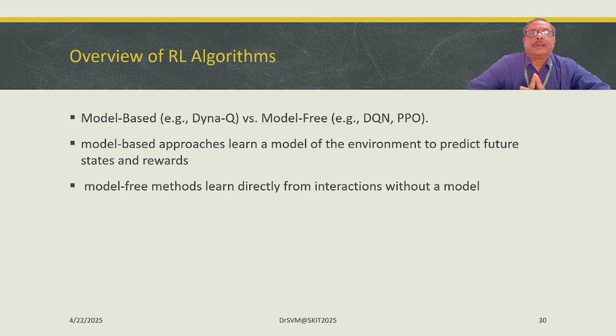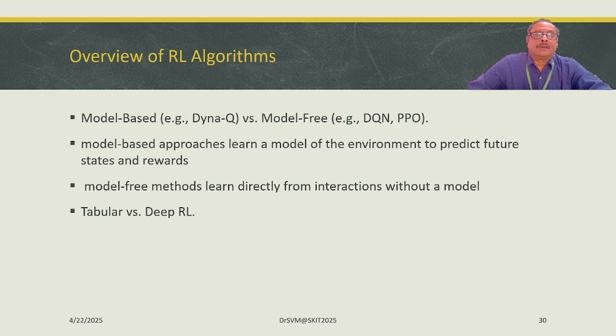This reaction may be a positive reward or a negative punishment, and this we try to add to our knowledge bank, and with time we keep learning. So that's a model free method.